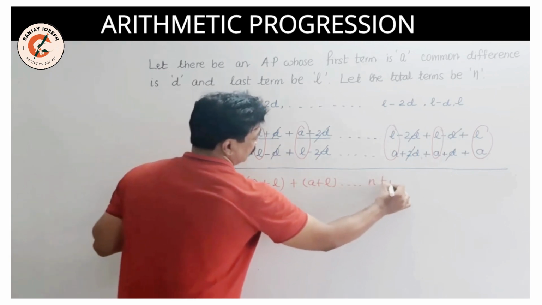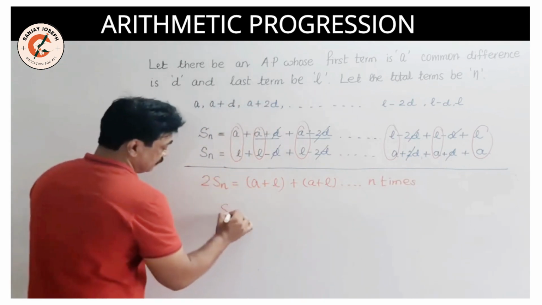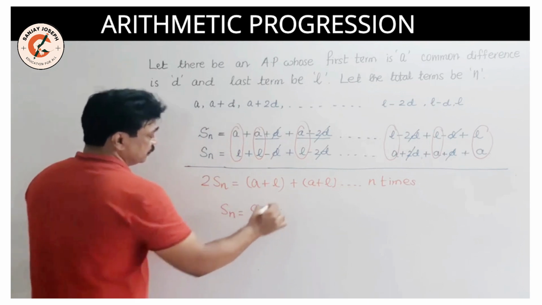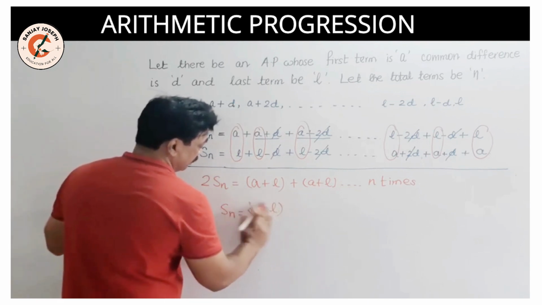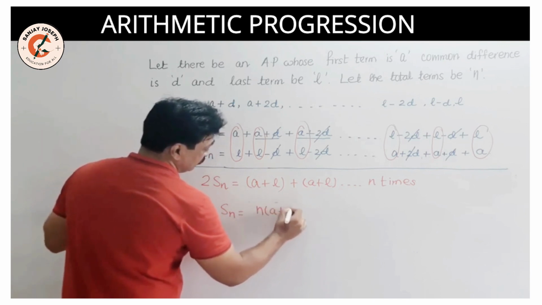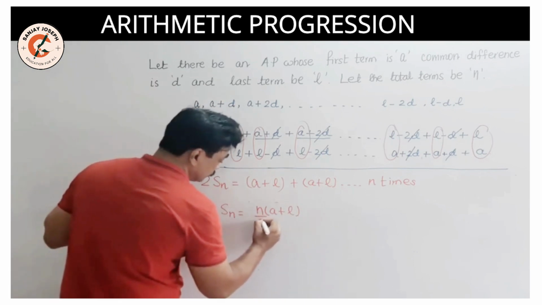N times, isn't it? So that means what happens? Sn will be equal to A plus L into, n times addition means n into A plus L, isn't it? Divided by 2, this 2 goes down.